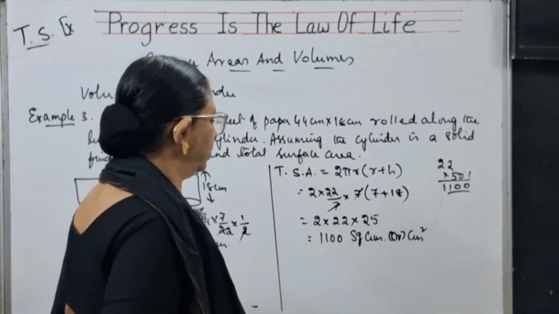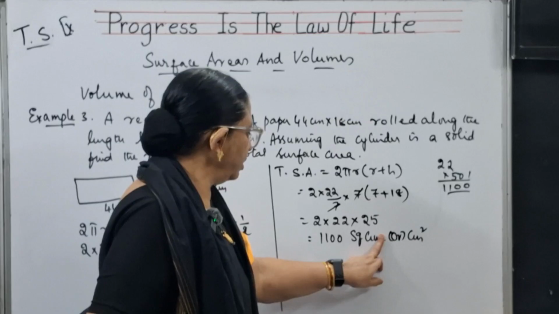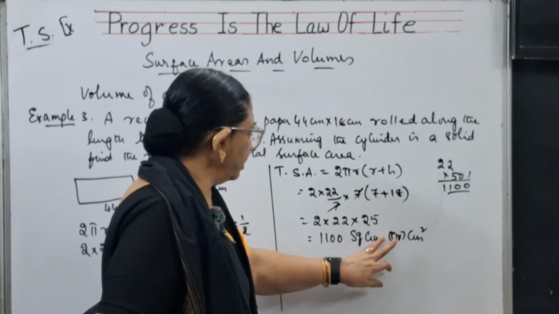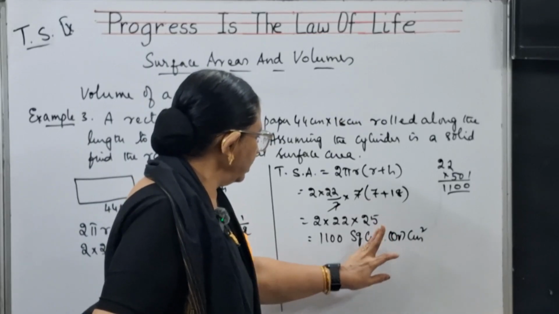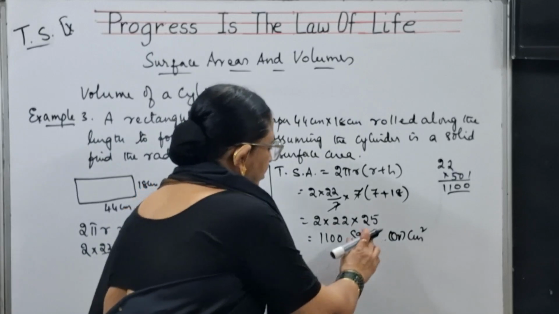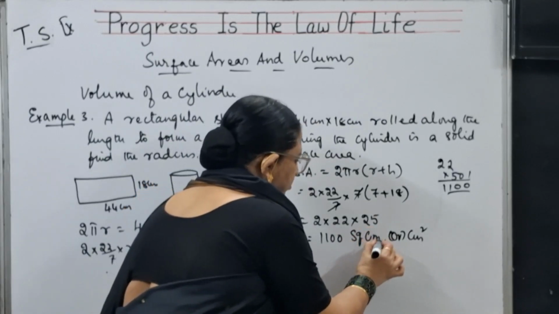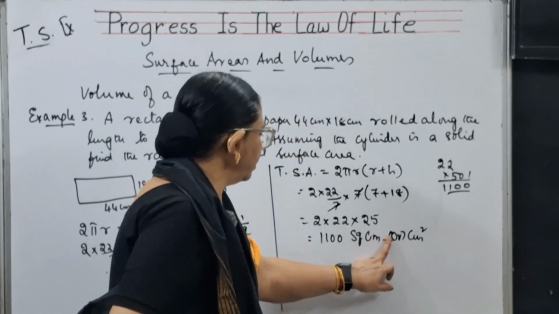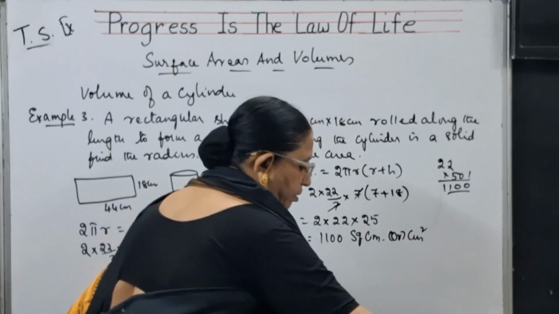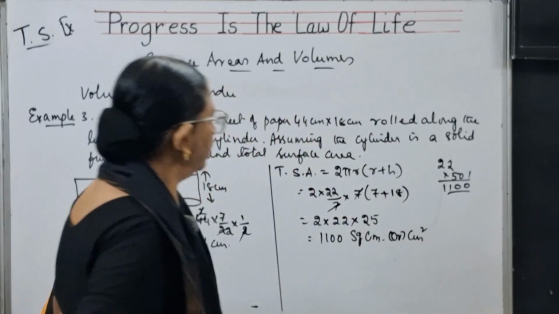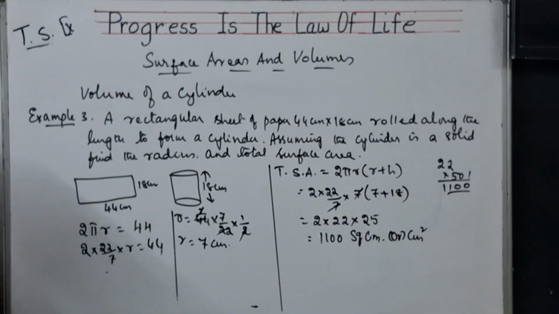Anyway, both are the same. So 1100 centimeter square is the answer for this problem, children. Please note it down. Example 3.